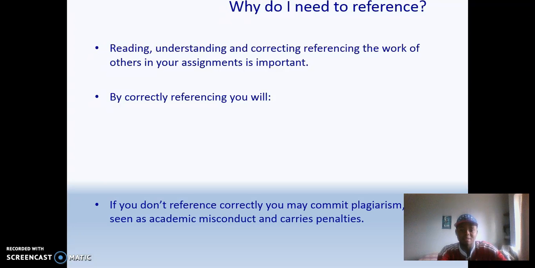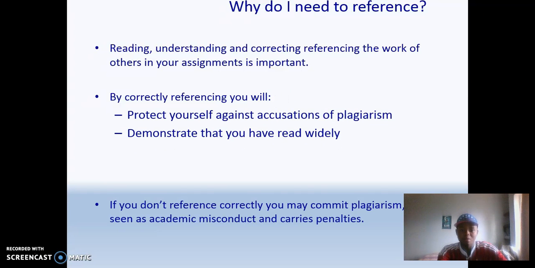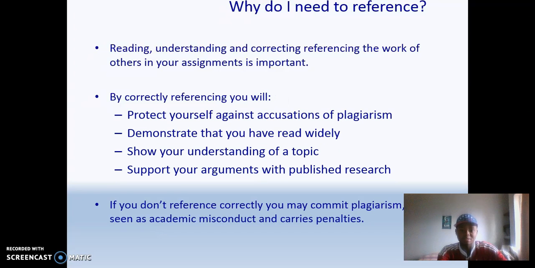Because reading, understanding, and correctly referencing the work of others in your assignment is very important. By correctly referencing, you will protect yourself against accusation of plagiarism, very important. You will also demonstrate that you have read widely and show your understanding of a topic, and you'll be supporting your argument with published research.